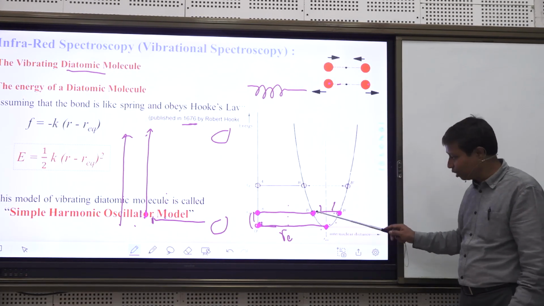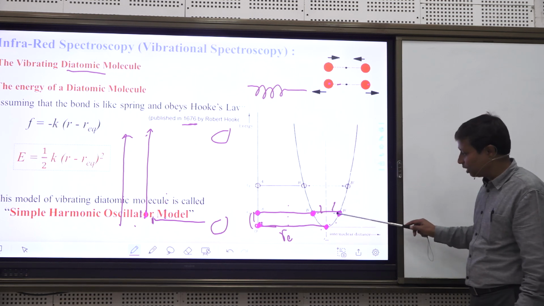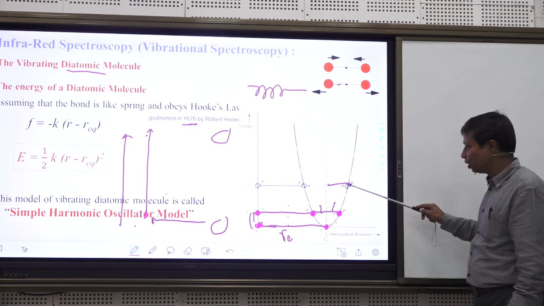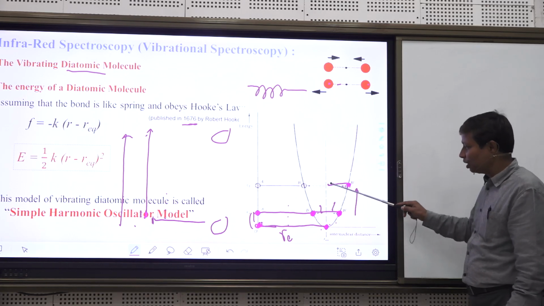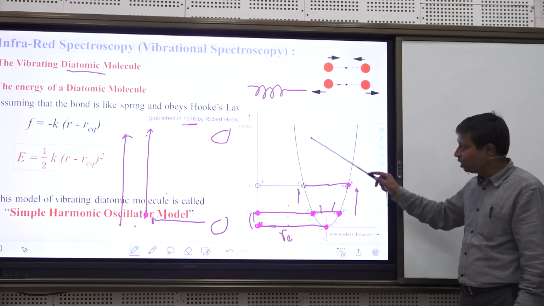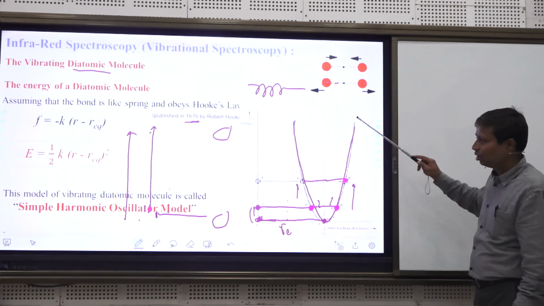So, you have the compressed one, you have the stretched one. Stretch more, energy will increase more; compress more, energy will increase more. This is how the potential energy surface is constructed.